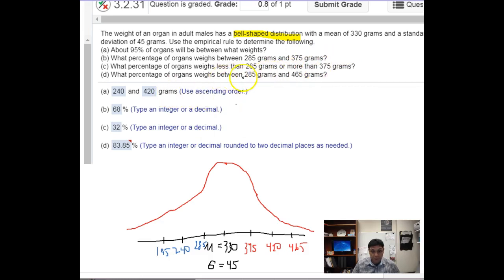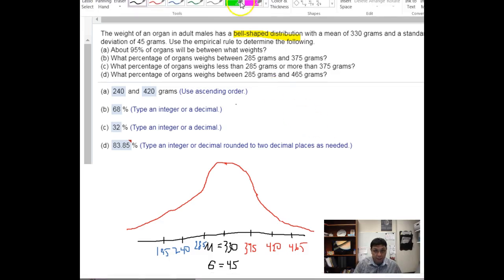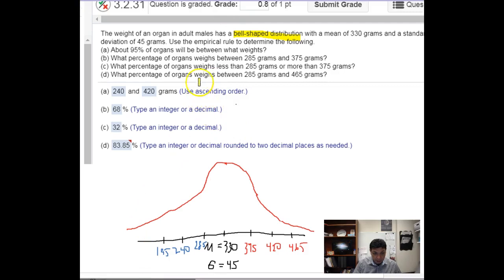Then what percentage of organs weigh between 285 and 465? On this question, I want all the organs between 285 here, and we're going to 465, which is over here.